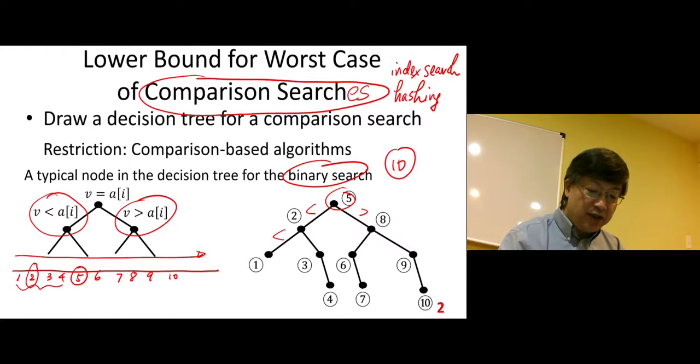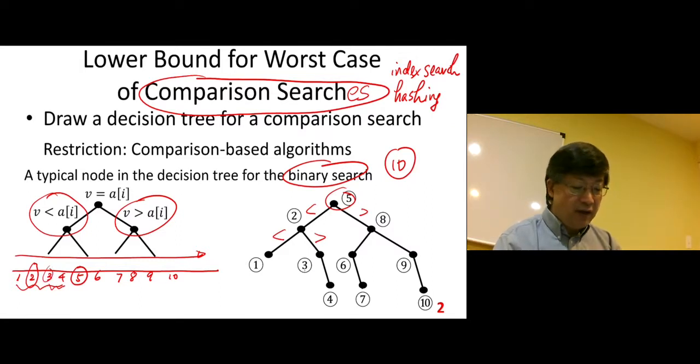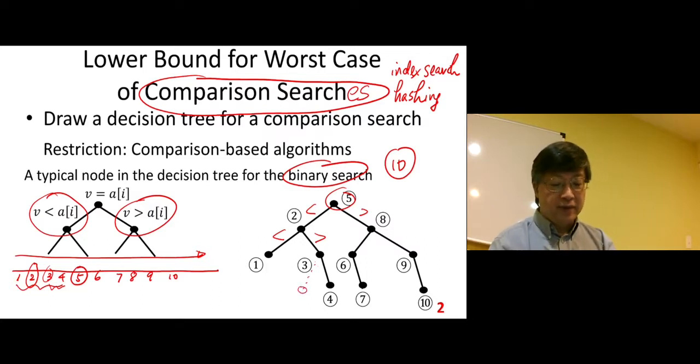Less than, we compare with 1. Greater than, so 3 and 4, we compare the left median, so that's 3. Then 4. Because for 3, there is nothing left on one side, so something is empty here.